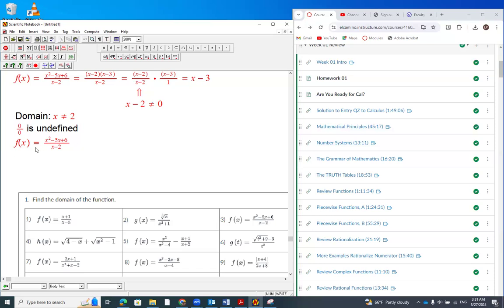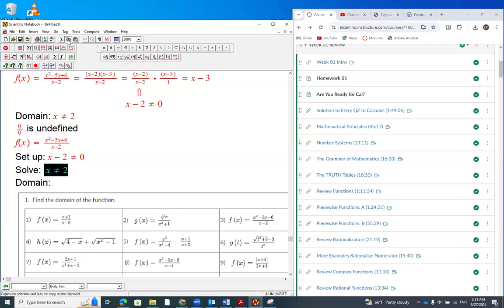Therefore, all you have to do is set up x minus 2 is not 0, and as a result, you solve. Then you get x not equal to 2, and you're done. That's the domain. So the domain is all real numbers except 2.